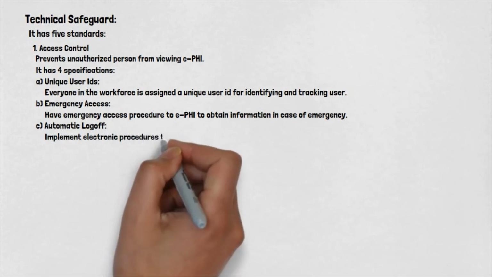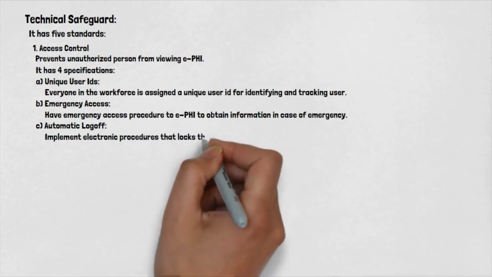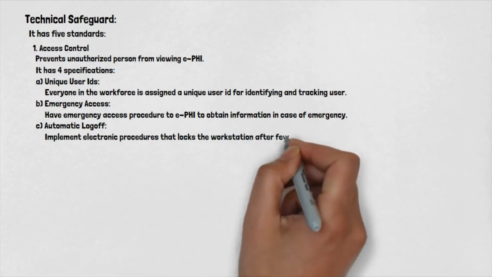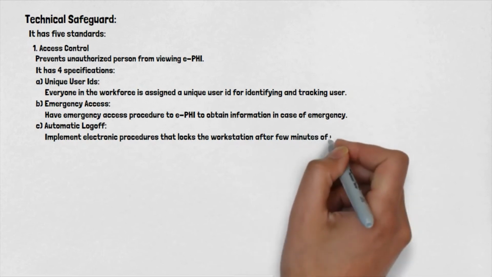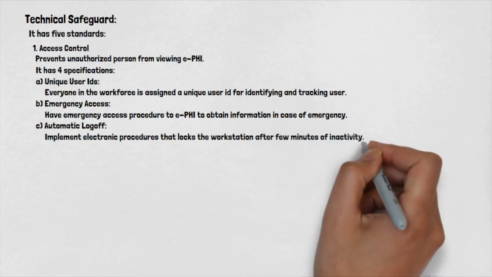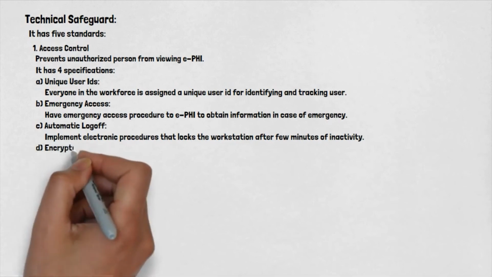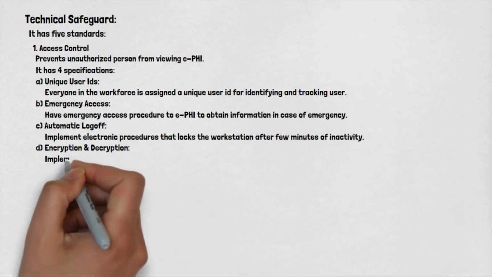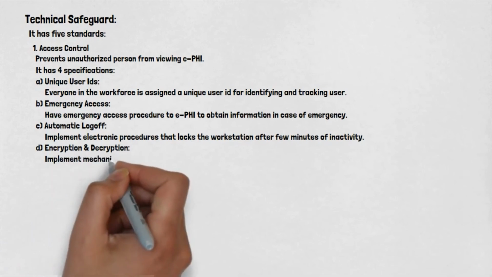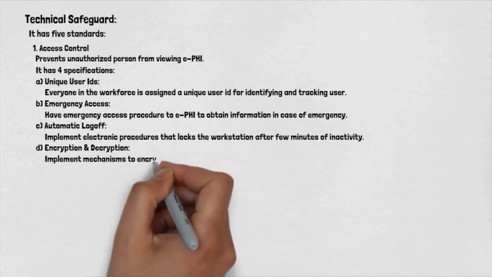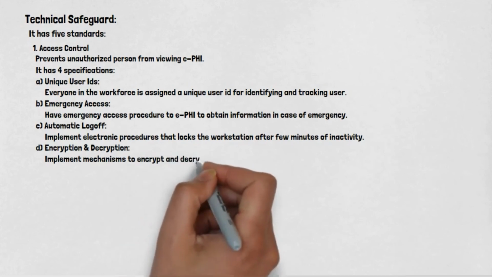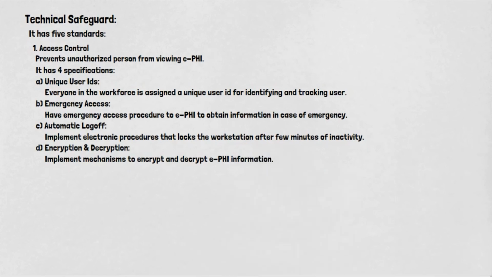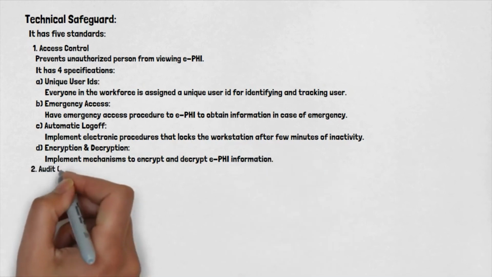Companies should implement electronic procedures that lock the workstation after a few minutes of inactivity. The next one is encryption and decryption. Companies should implement mechanisms to encrypt and decrypt ePHI information.